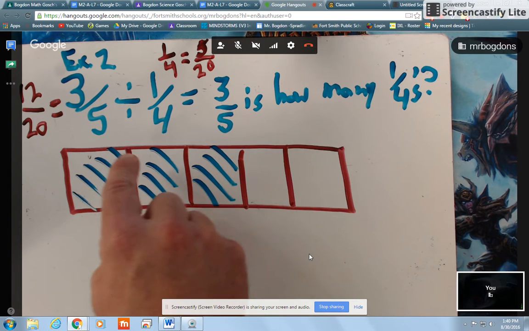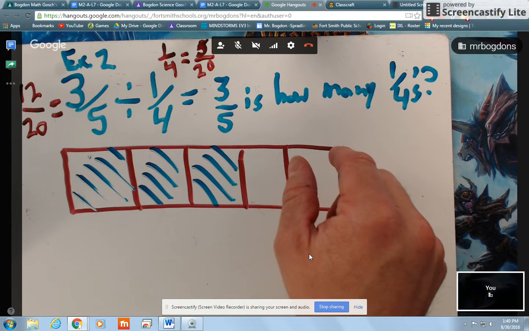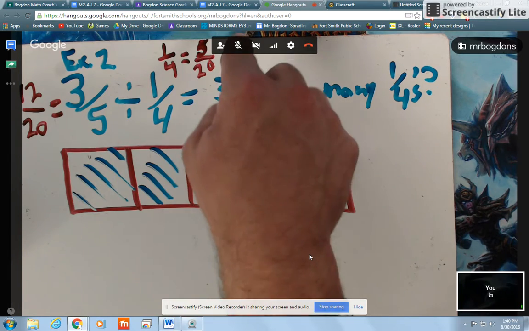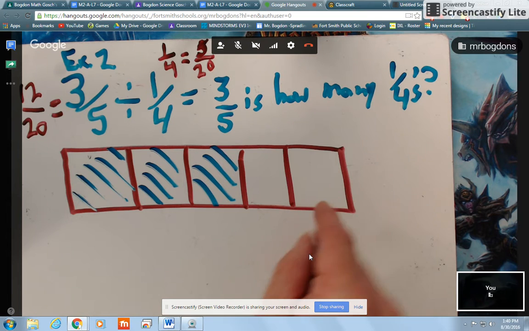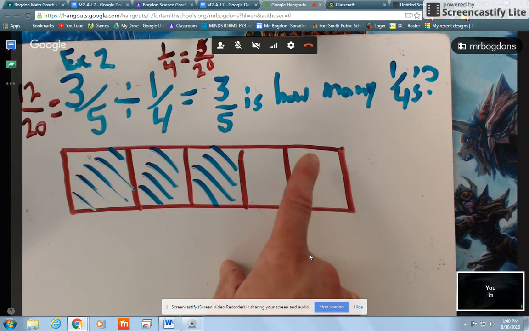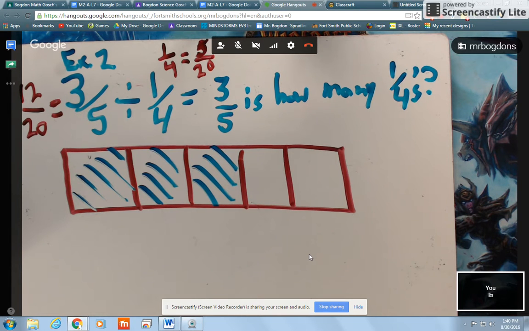So if I have 1, 2, 3, 4, 5 pieces already, and I need 20ths, I need to show each piece as being 1/20th. How many times do I need to split each one of these fifths? 4. 4 times. Very good.